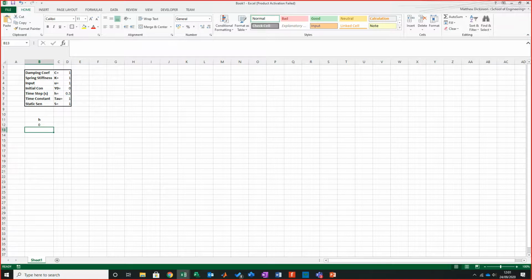So if that's going to be 0, I'm going to go equals this multiplied by my time constant, and I'm going to go F4. Oh, plus, not multiplied. I'm going to go plus.